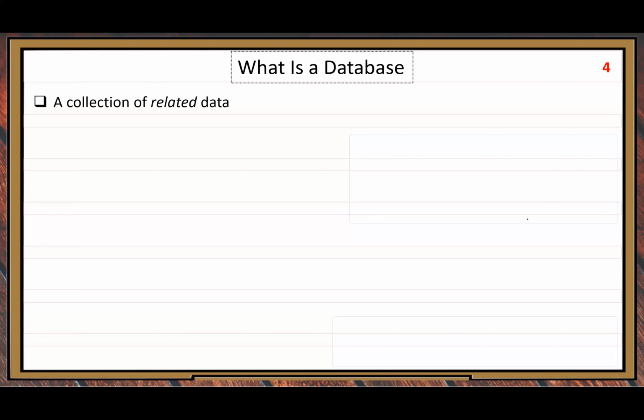So when we start, we work on a collection of related data. There is a certain relationship, not random data. Here you can see the important keyword, related, because later we will study the relational database management system. So the relation is very important.